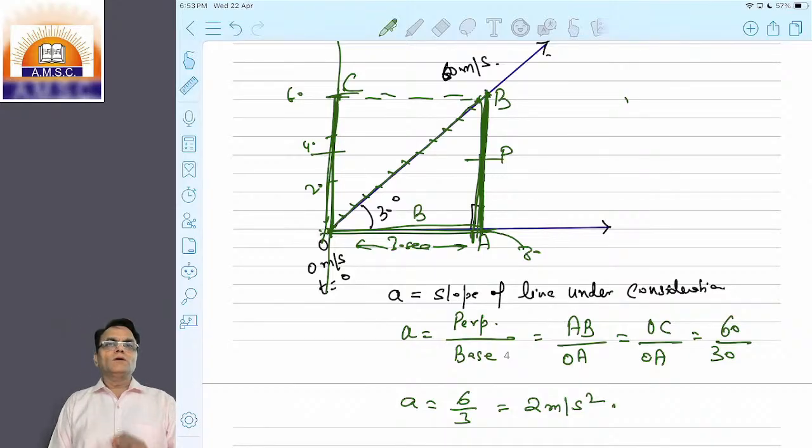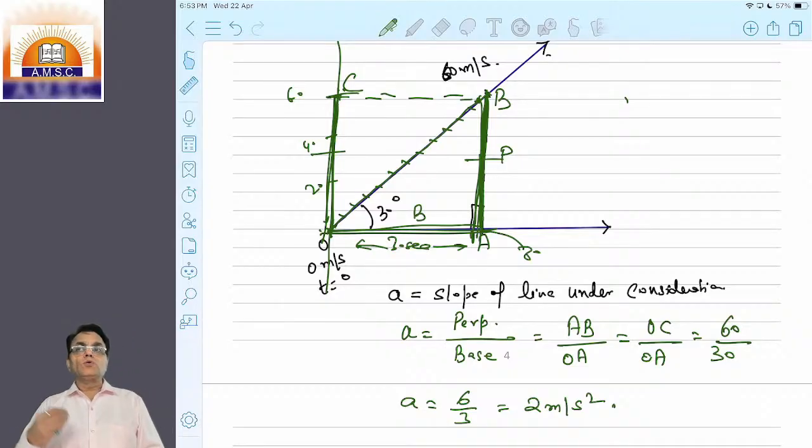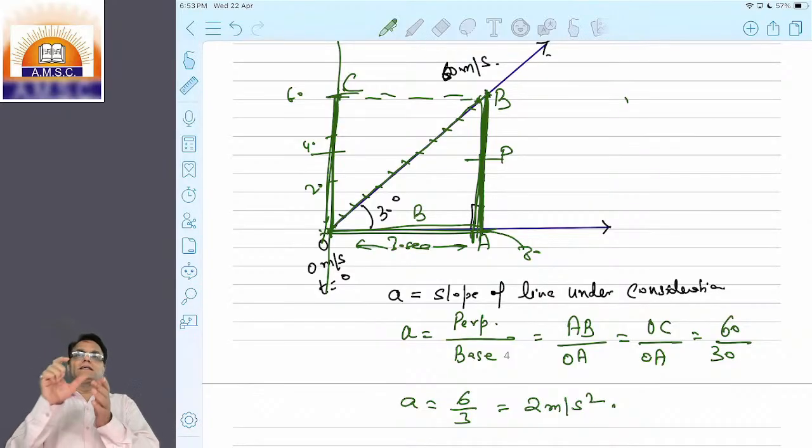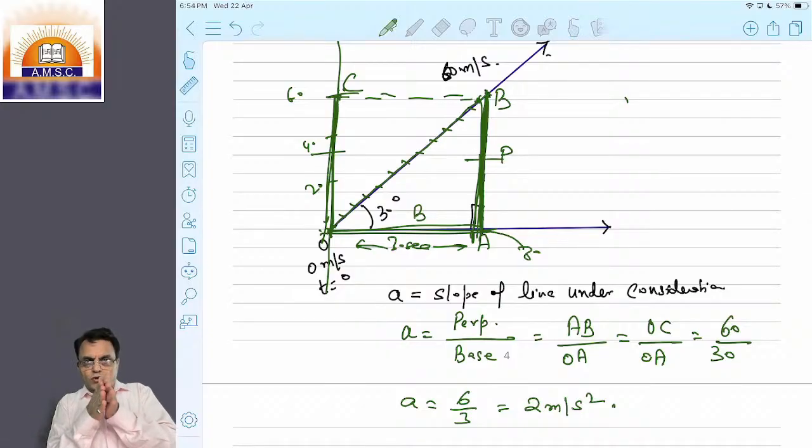इतना क्लियर हुआ आपको? If I am interested to find out the acceleration graphically for the line under consideration, I will take that line as the base in the form of a triangle.